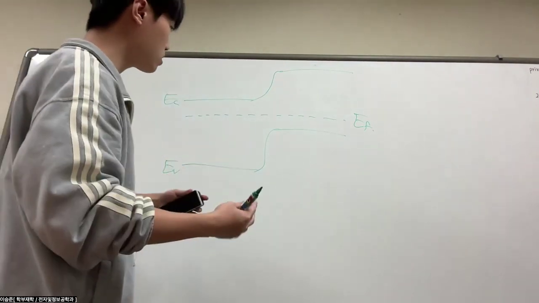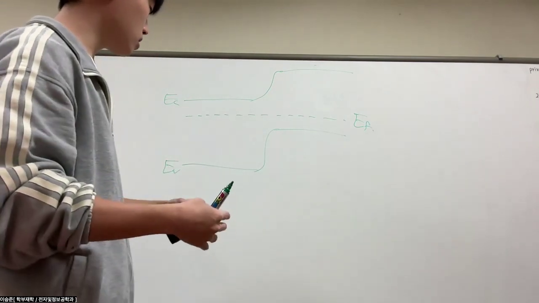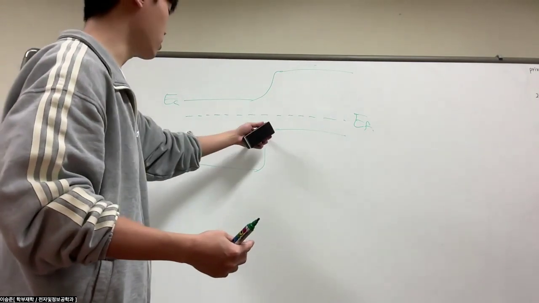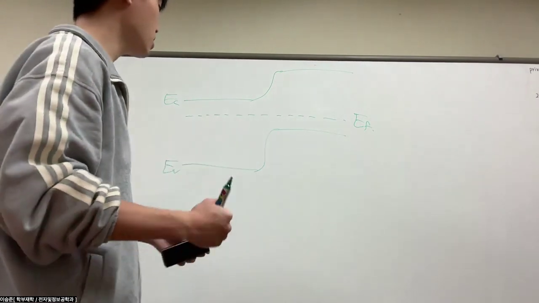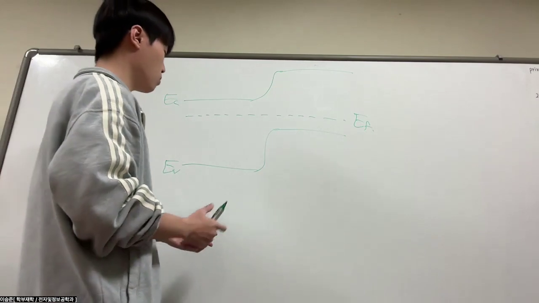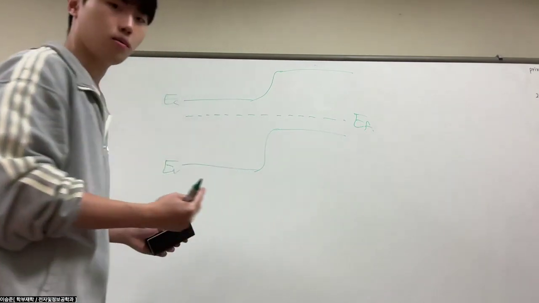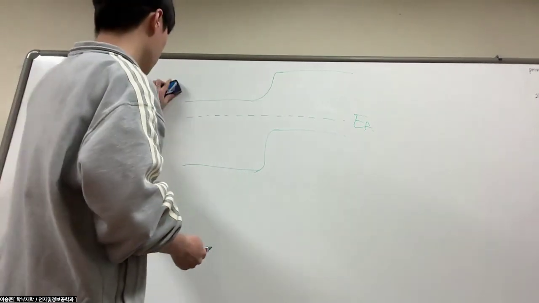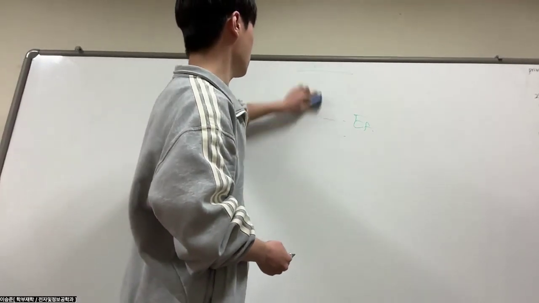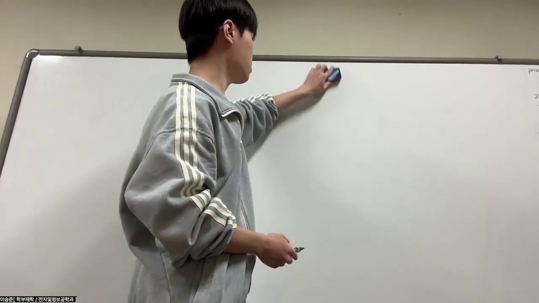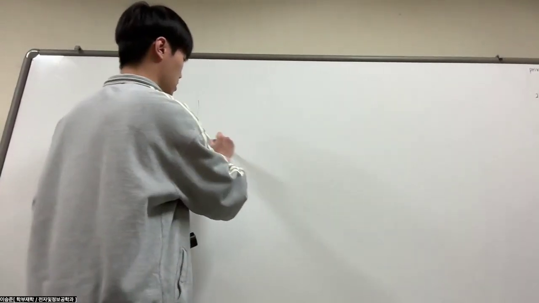And what mechanism is happening here? That is the special part of the PN junction. So what is happening here? We have to know about it. So I can draw another PN junction like this.